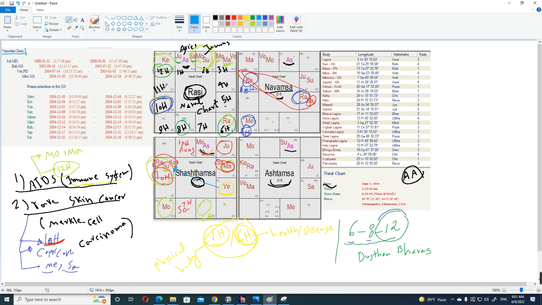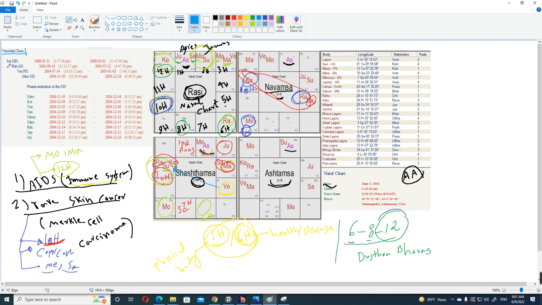Here we are checking the time triggering of skin cancer. We saw the potential of this disease in the native's chart. Now we are going to check the time when it is triggered. And he died in December 2004.